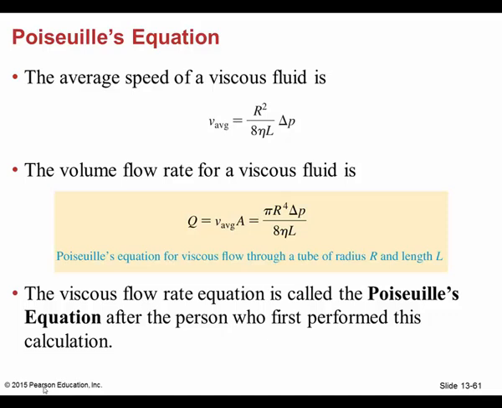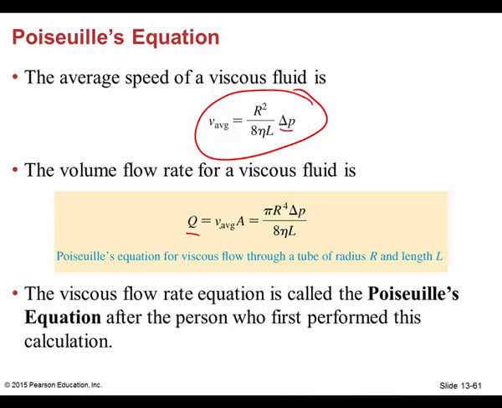All right, so the average speed of a viscous fluid can be found with this equation. Again, that's going back to the pressure of Poiseuille's equation and solving for velocity. So look right here. The volume flow rate, and you do need to write this down, for a viscous fluid is what?